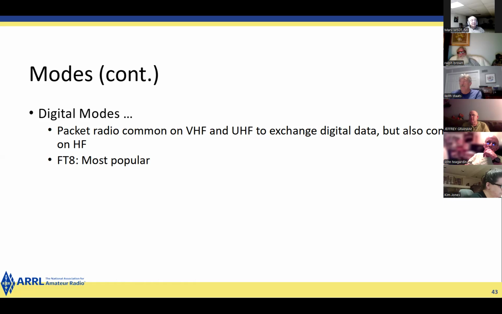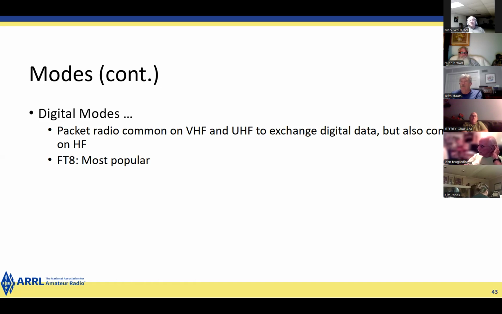And then suddenly FT8 came into the picture, and it was a lifesaver for them, because you really literally don't do anything. The computers are doing everything. All you're doing is pushing buttons.